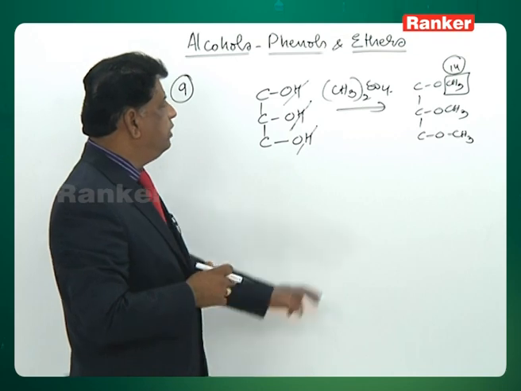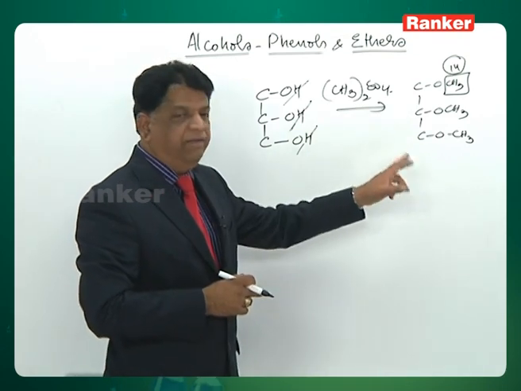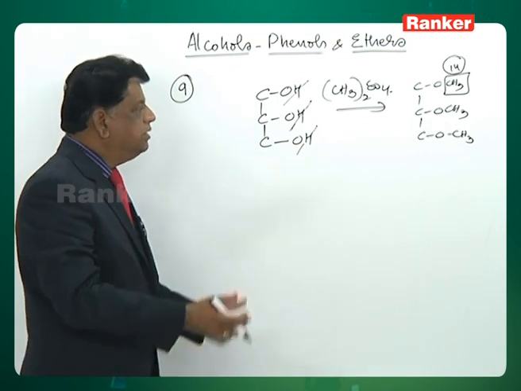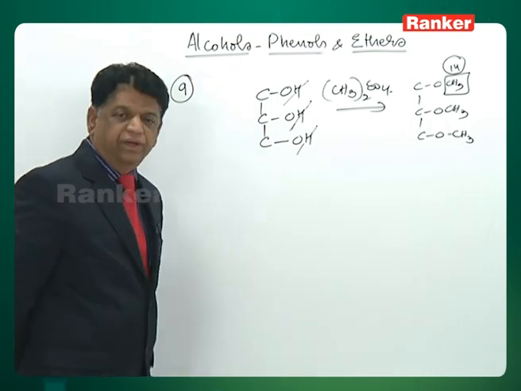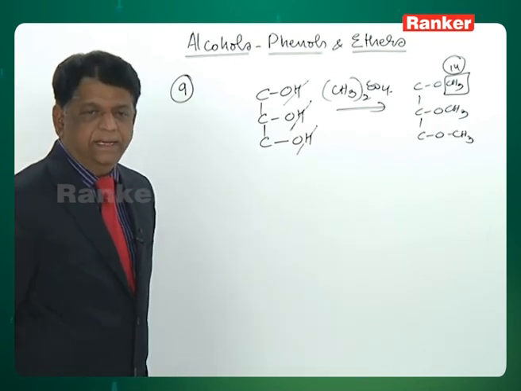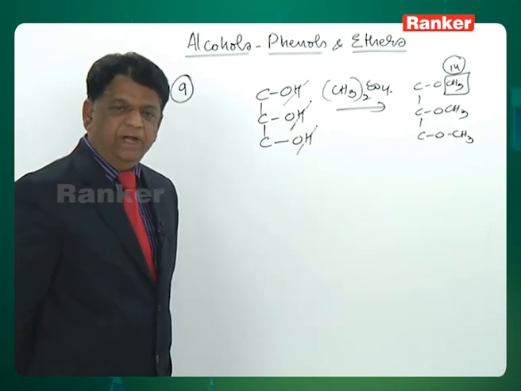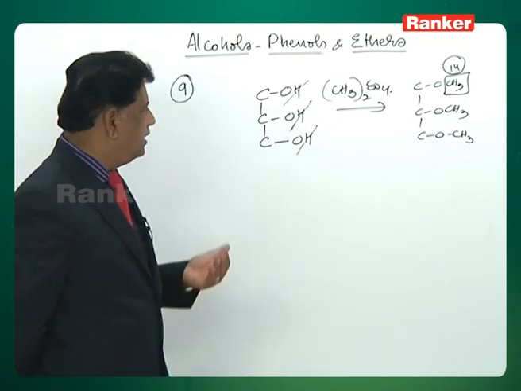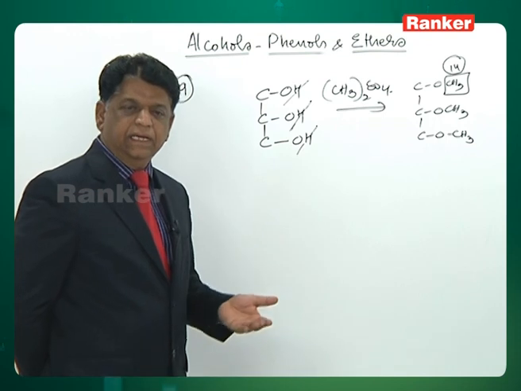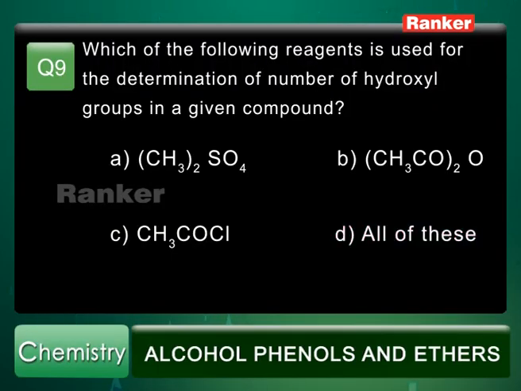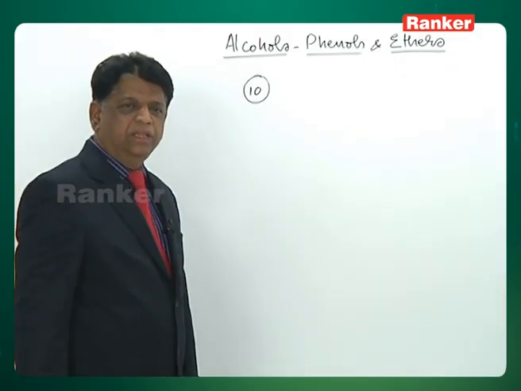The increase in molecular weight divided by that gives how many OHs are converted into these derivative groups. So dimethyl sulfate methylation, acetic anhydride acetylation and acetyl chloride acetylation, all three are useful. Therefore the answer is D, all can be used. Let's go to the 10th problem.